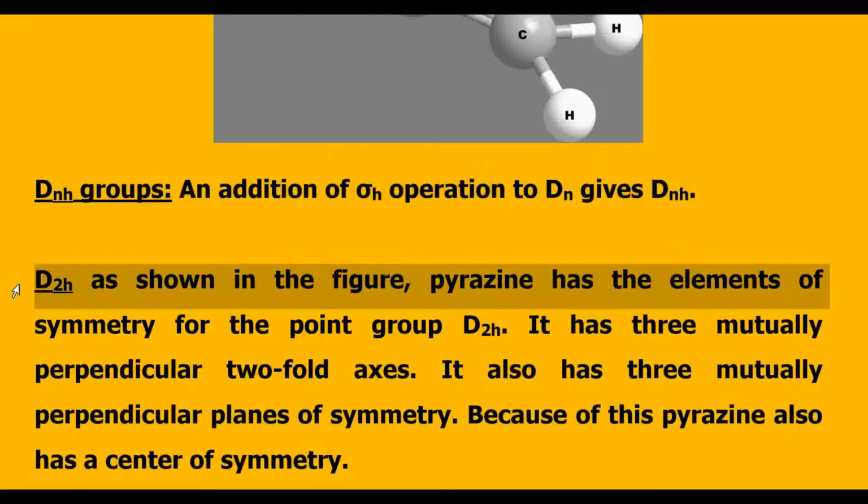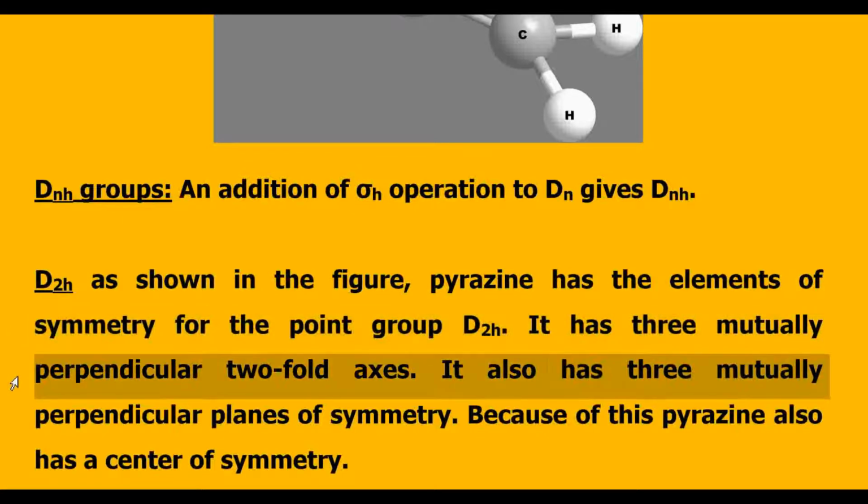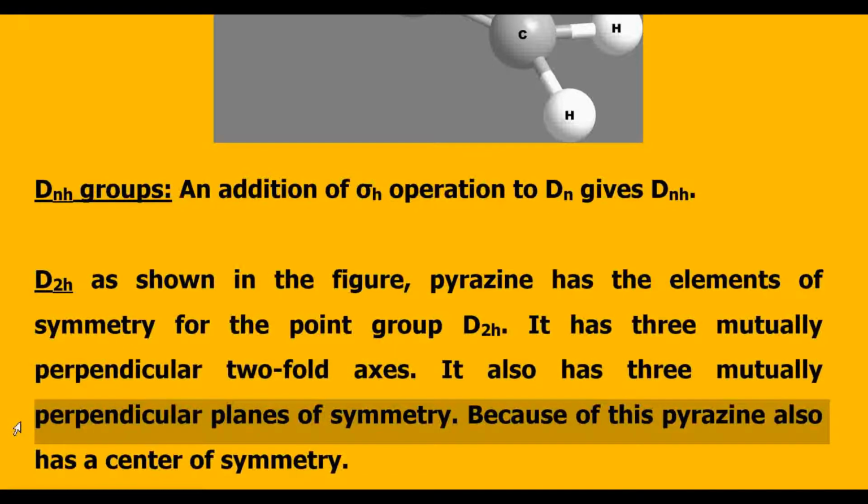So in order to illustrate the Dnh point group, I will take the example of the D2h point group, and the molecule to be considered is going to be pyrazine. So pyrazine belongs to the D2h point group, and as expected, it has three mutually perpendicular C2 axes, and these C2 axes are also perpendicular to the principal axis.